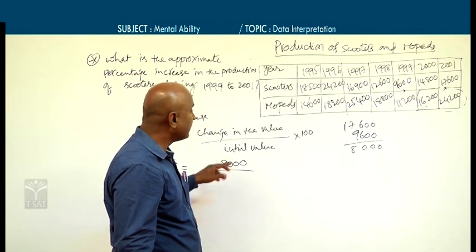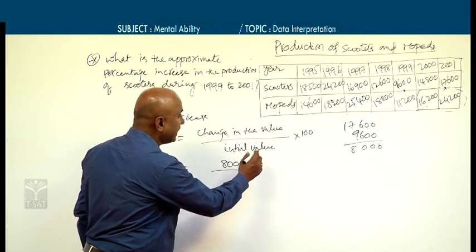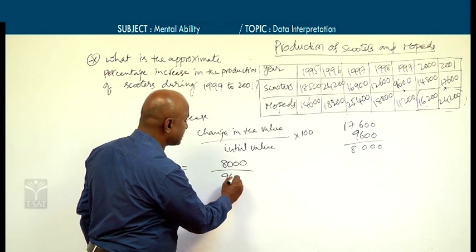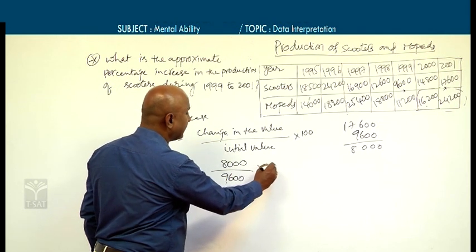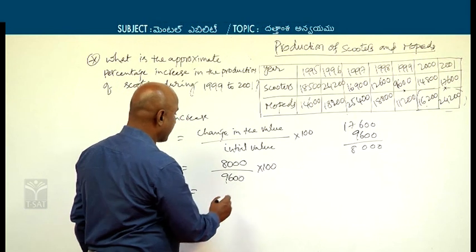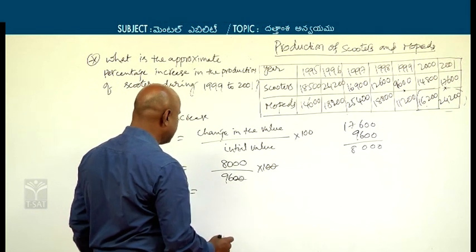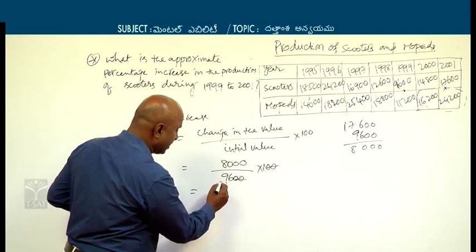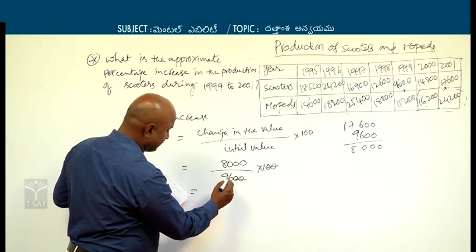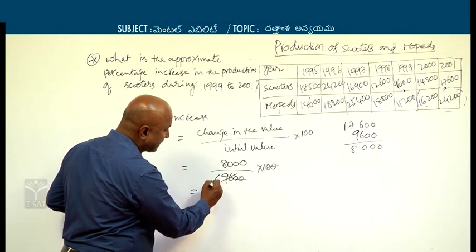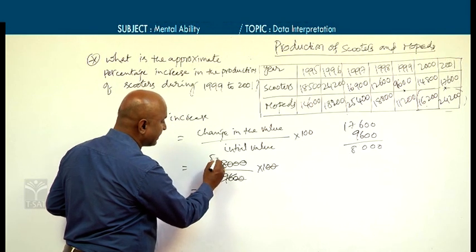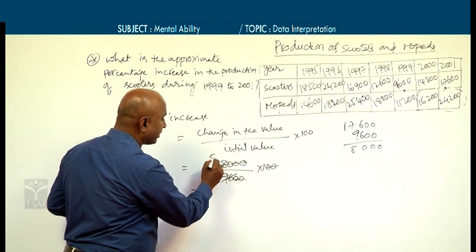Notated in the denominator. That is initial value, that is 9600 into 100, that is equal to 8000 by 96. Okay? And 16 6s are 96 and 16 5s are 80. Got it?